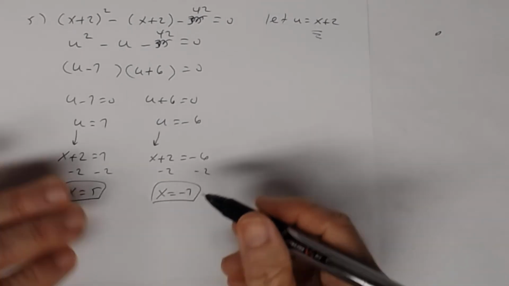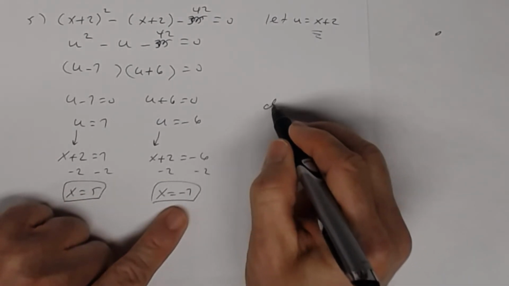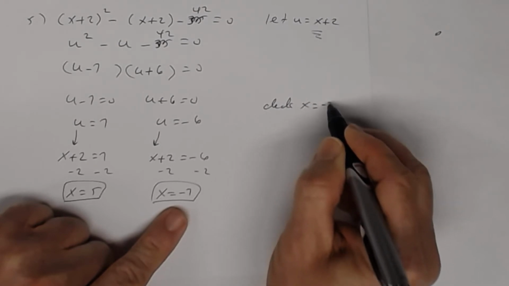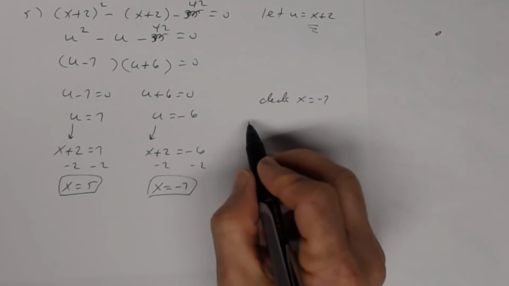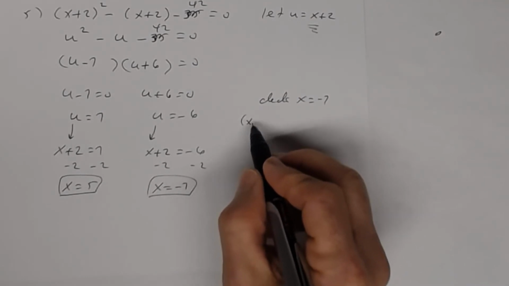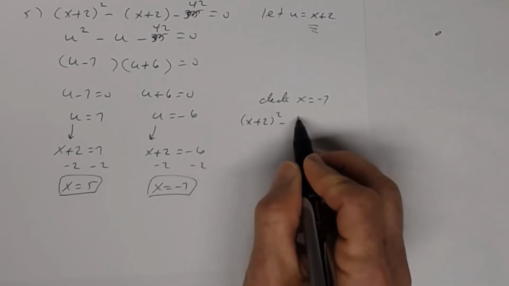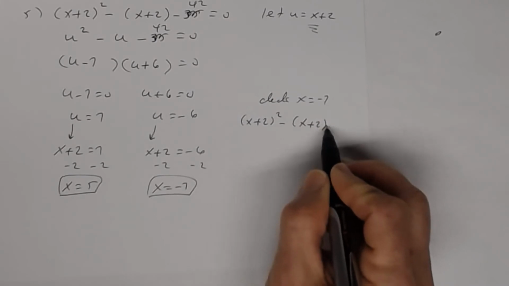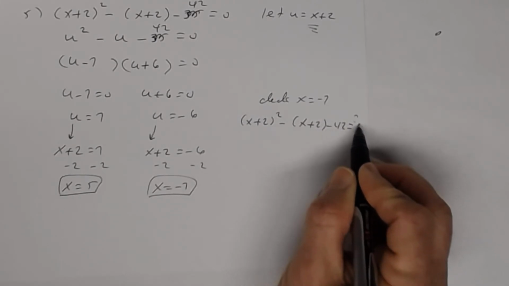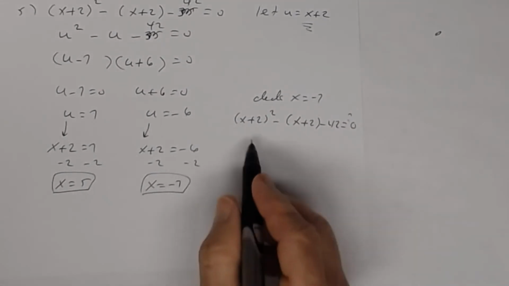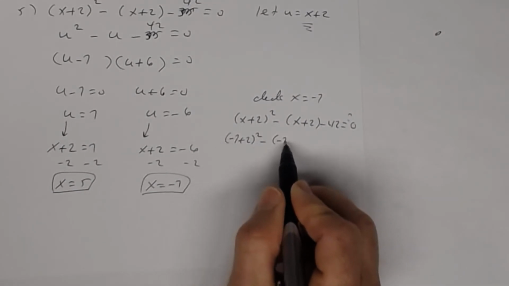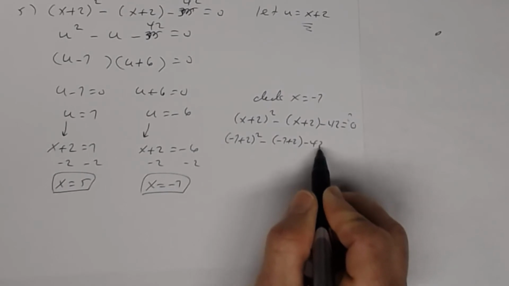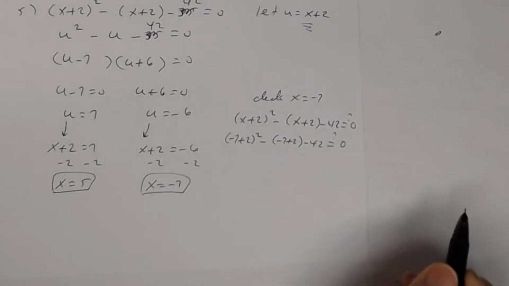All right, and let's just check negative 7 here. So let's check one of them. Let's just check x equal negative 7. You don't have to do that, but I just want to show you. So go back to the original, x plus 2 squared minus, in parentheses, x plus 2 minus 42, and you want to see that's going to equal 0. Okay, so negative 7 plus 2 squared minus negative 7 plus 2 in parentheses minus 42, and again, is that equal to 0?